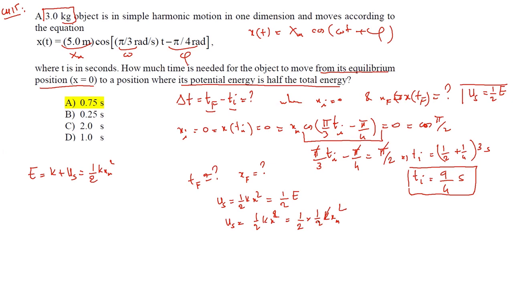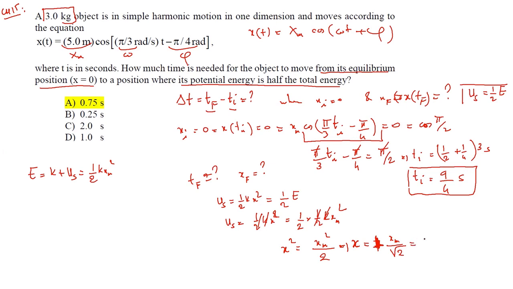So I can simplify by k, I can simplify by half, and I find that x square should be x max square divided by 2, meaning x is just plus or minus x max divided by square root of 2. Let me take the positive value. I can also take the negative value, I don't mind, because this time will be an absolute value. So x at time t final is equal to x max divided by square root of 2.